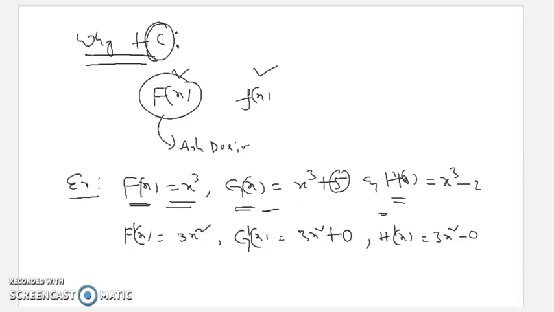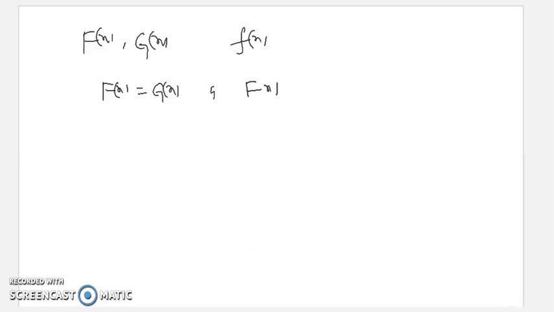In other words, if F of x and G of x are antiderivatives of the function f of x on some interval, then F of x is equal to G of x plus some constant c.